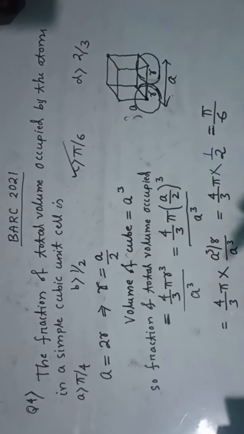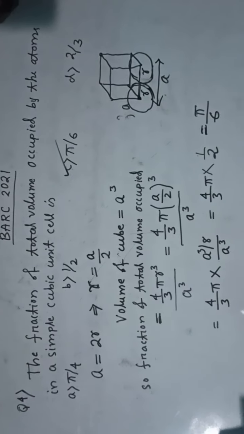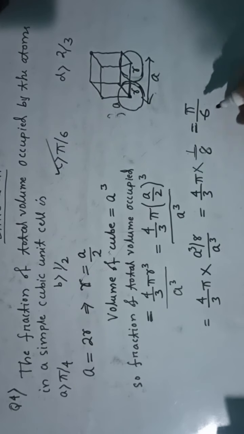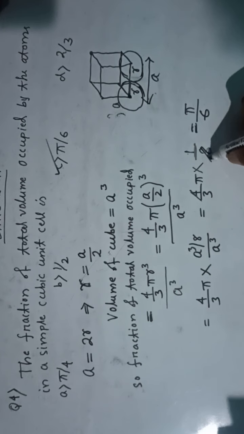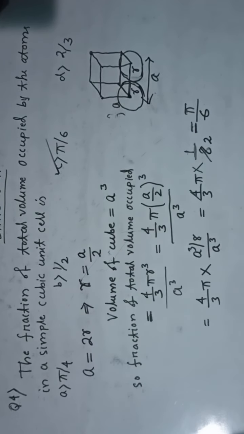The fraction of total volume occupied by the atoms in a simple cubic unit cell is pi by 6.